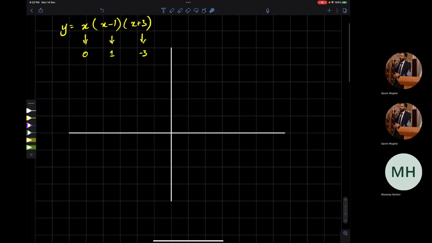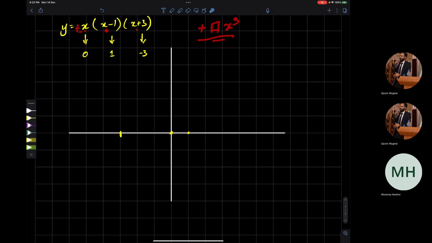So the graph is going to cut through these 3 points. One of them is -3, the smallest one, and then it's 0, and then it's +1. So this is how your graph is going to be. If you look at the graph carefully, even if you expand it, you will have a positive coefficient of x cubed.